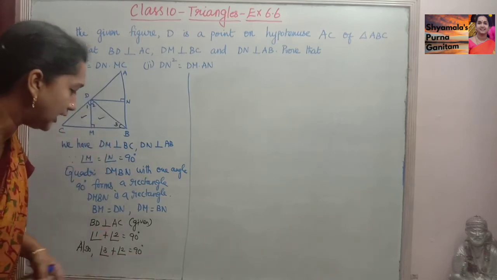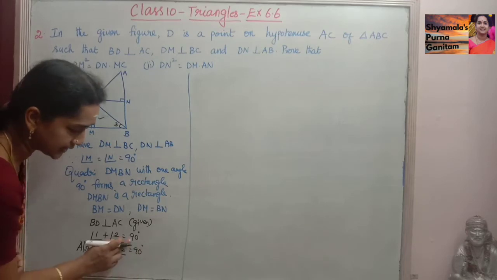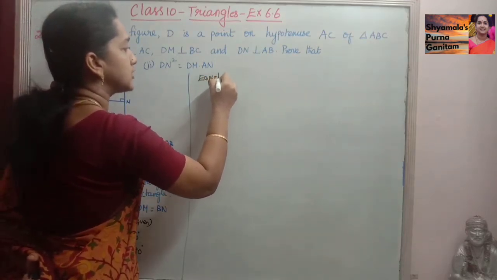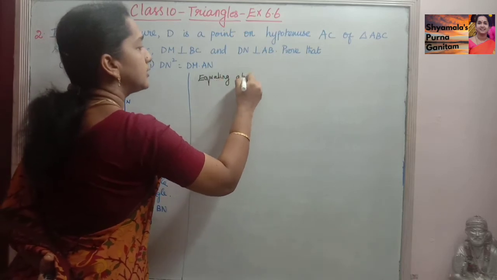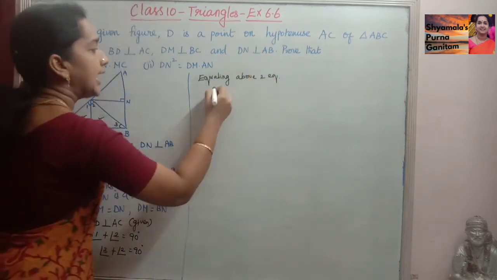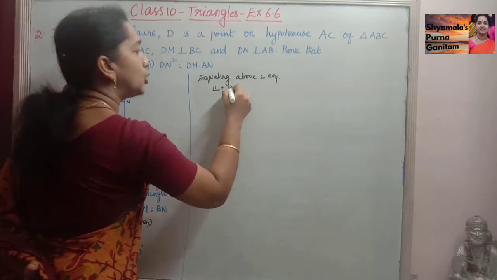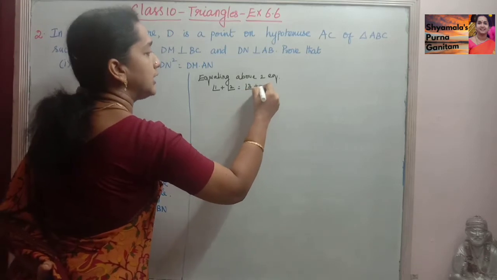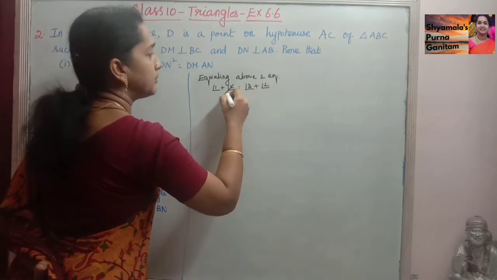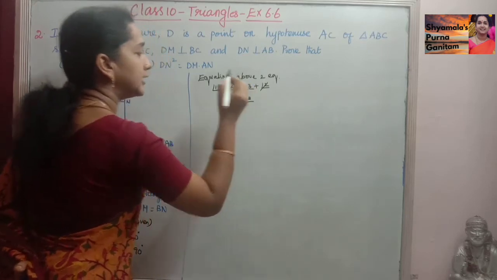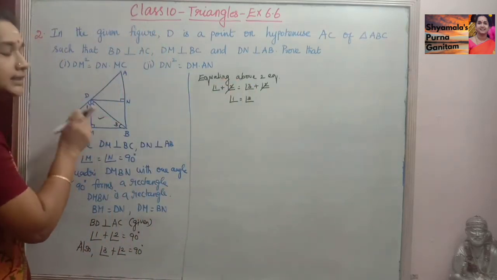So now if we equate these two conditions, since 90 degrees is equal, equating the above two equations, we will get angle 1 plus angle 2 is equal to angle 2 plus angle 3. So from this we can say that angle 1 is equal to angle 3. Angle 1 and angle 3 are equal.